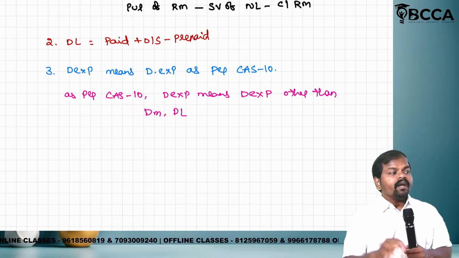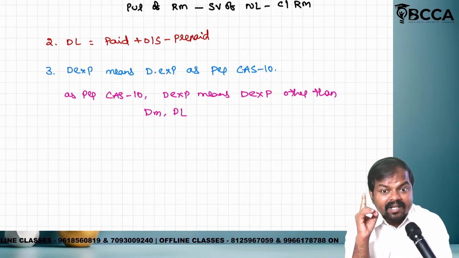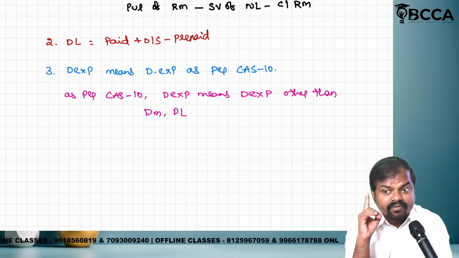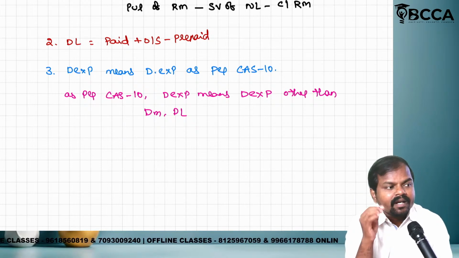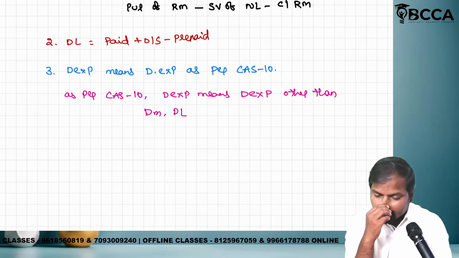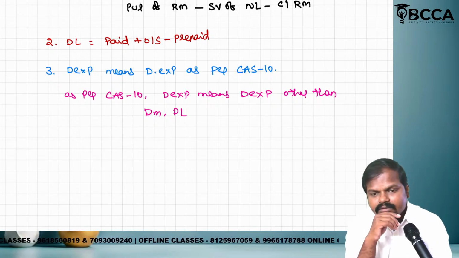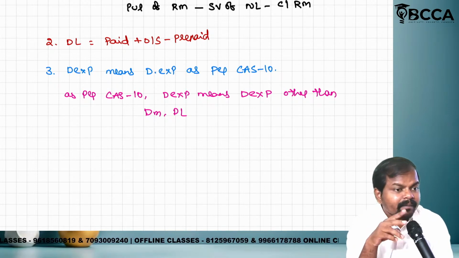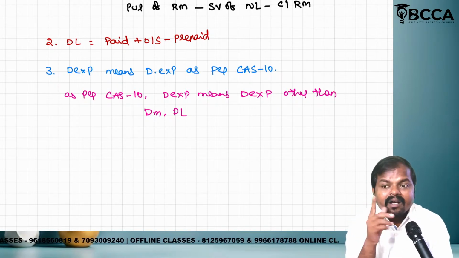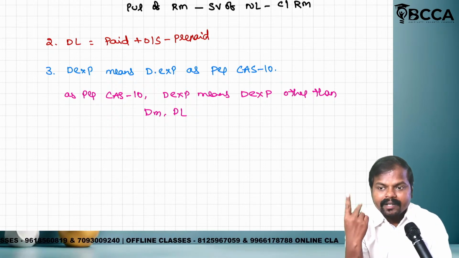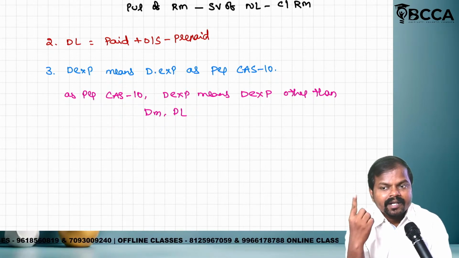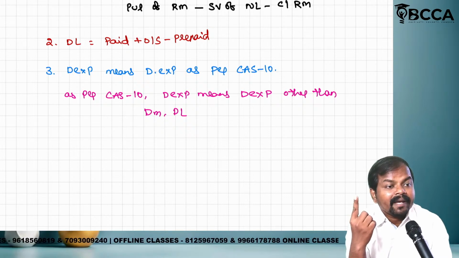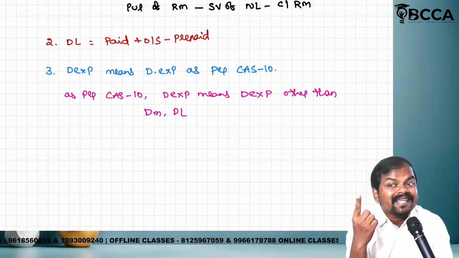In the starting itself, we discussed the concept called manufacture cost. Manufacture cost means any cost, meaning total cost. Total cost can be classified based on direct and indirect. Direct cost can be classified into DM and DL. Three words will be there. DM definition is given by CAS 6.